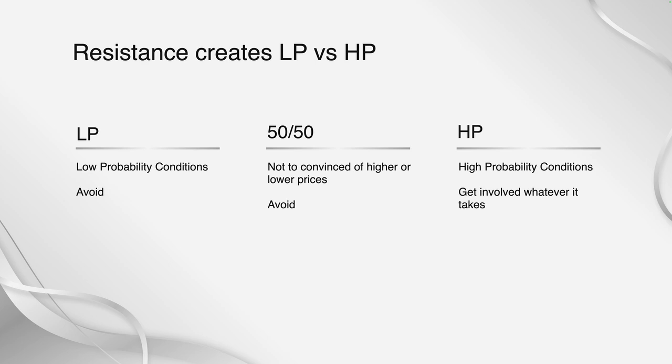We want to do the opposite: high probability conditions right there, and then we want to wait. And we have no idea how long we are going to wait until we see high probability conditions again. So get involved whatever it takes, because it might just be your last opportunity to trade high probability conditions.